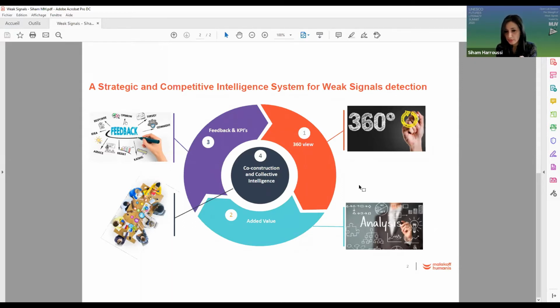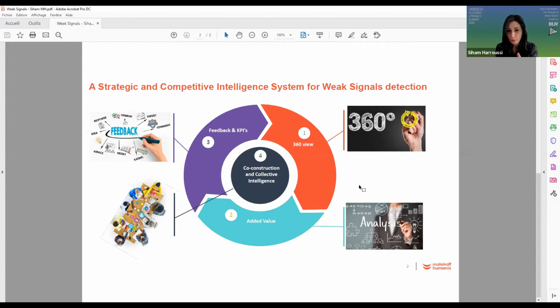We also have an added value approach for our monitoring system. It means that we don't just go for gathering and collecting information and capitalizing it in databases. Our aim and our goal is really to analyze this information to help decision making.